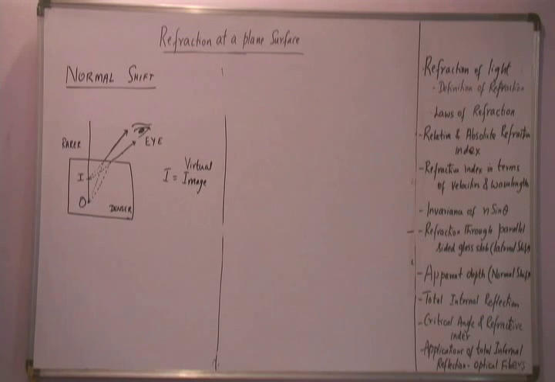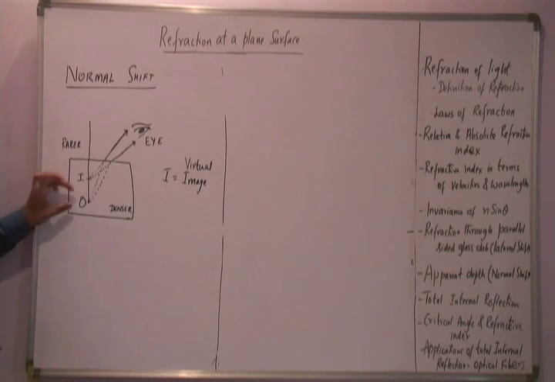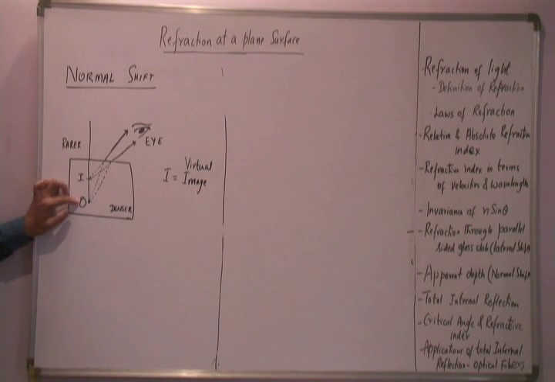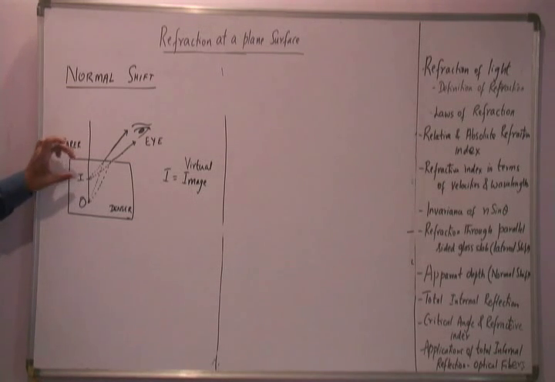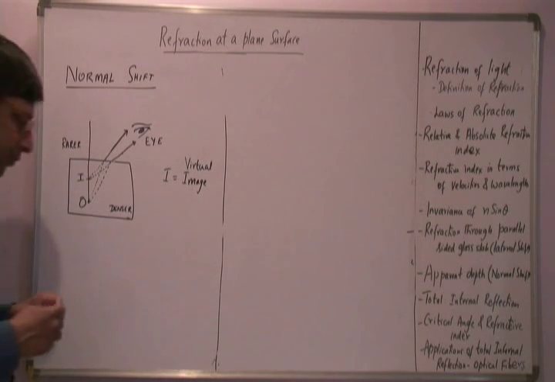Obviously there is an apparent shift in location of this object from O to I. That means we think that the object is at this location I because that is the virtual image that is formed. So this shift in location is what is known as a normal shift.